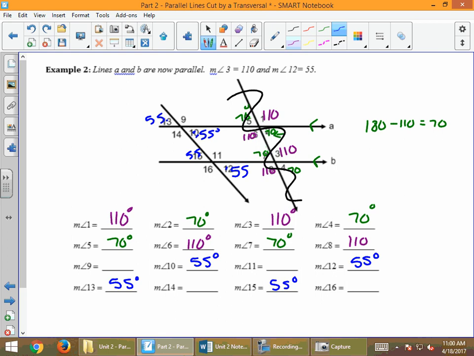And that's it. Found all the ones that are the same as the given angle. So just take that given angle and subtract it from 180, and that will give you all the other angles that are missing. So if you do 180 minus 55, that gives you 125.